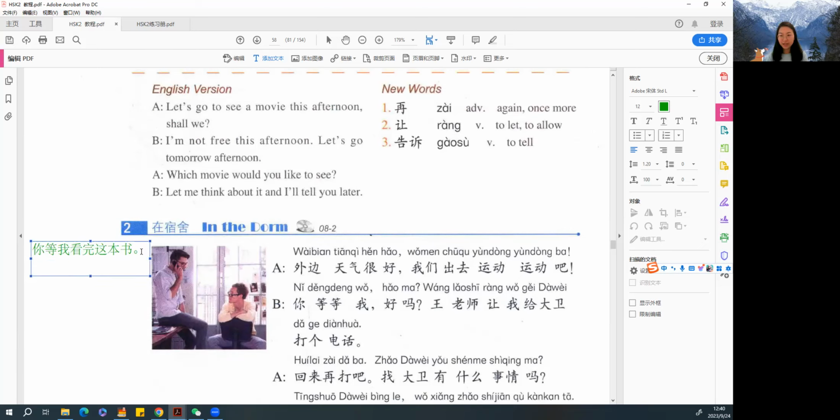But if there's no content following, you just wait for me. You can say 你等我, and then end the sentence. So here B is asking A, hey, just wait for me for a minute. 你等我好吗? Oh, that's very polite, like saying, can you please.